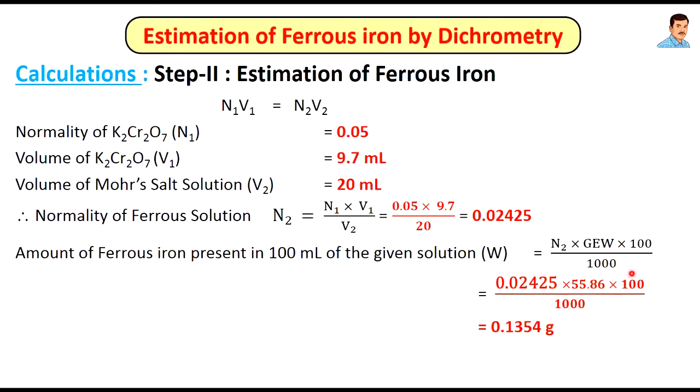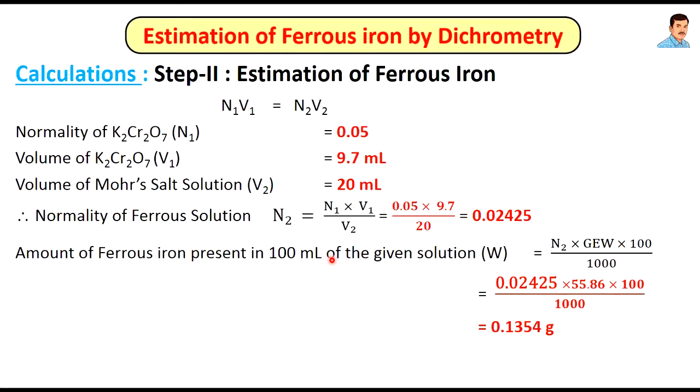We are substituting this 100 as the volume of ferrous solution or Mohr salt solution, and 1000 is according to the formula. Substituting the values, we get the amount of ferrous iron as 0.1354 grams. So this is the final result: 0.1354 grams of ferrous iron is present in the Mohr salt solution given to us.